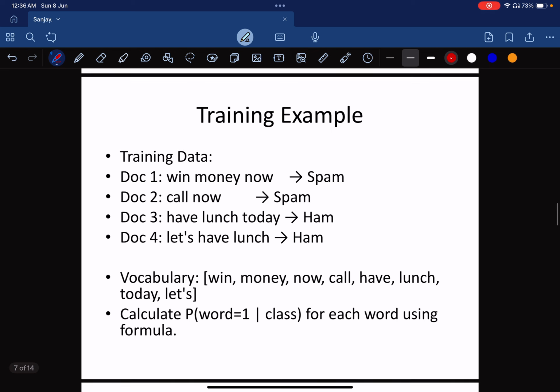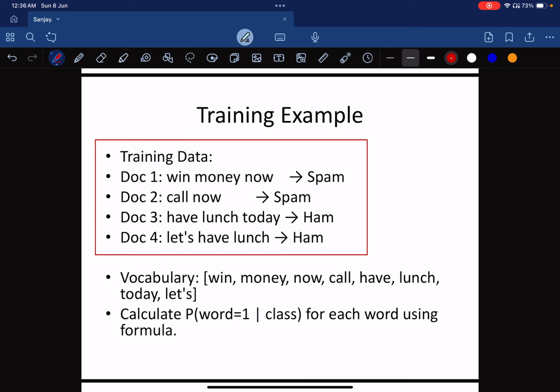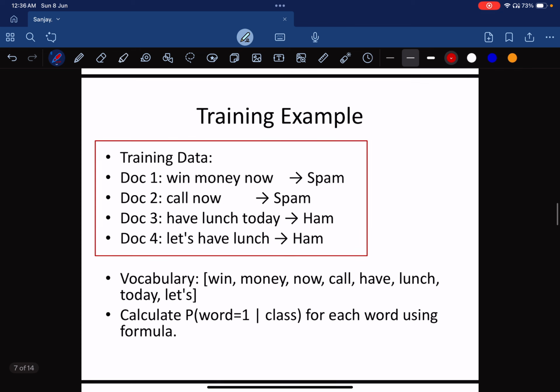Let's see a quick dry run. It will help you better understand this model. Let's take a training data set. This is a training data set. Document one is win money now, and document two is call now, and have a lunch today, and let's have a lunch.